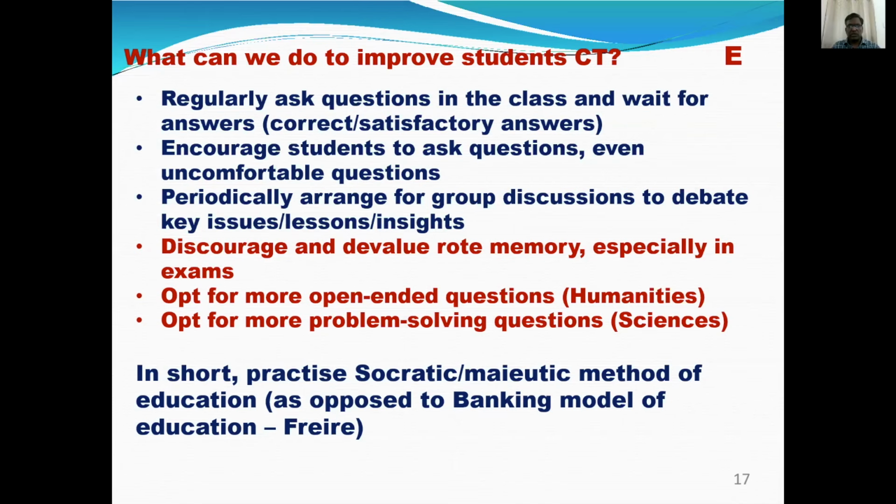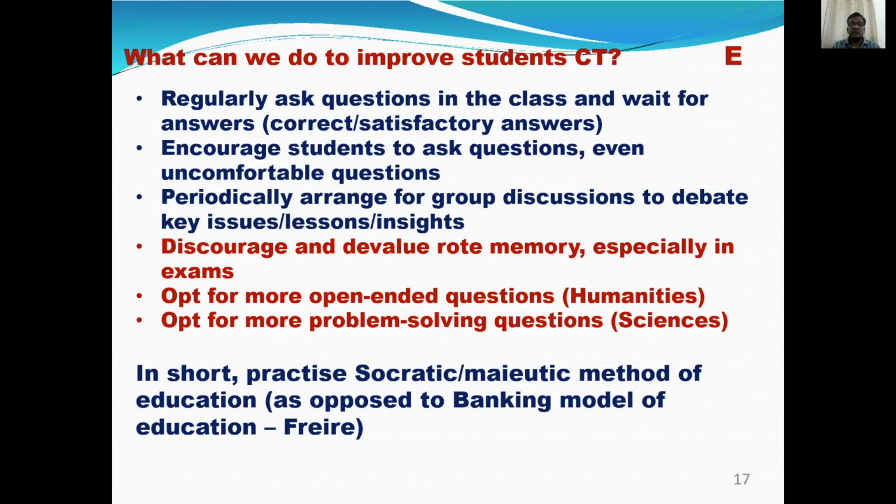So very briefly, what is this banking model of education that we need to discard? And what is this Socratic or the Maieutic method of education that we need to promote ardently? So in the banking concept of education, the student is considered as an individual who knows nothing, and the teacher periodically deposits not knowledge but pieces of information in the minds of students, which are considered tabula rasa, empty slates.